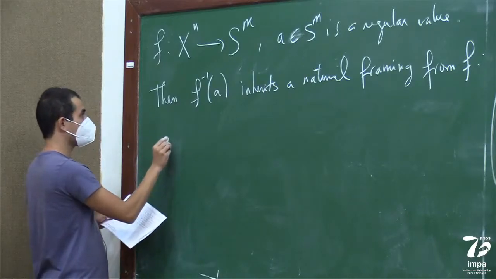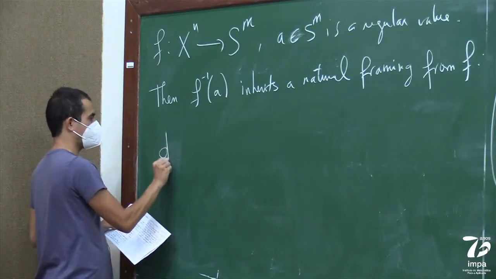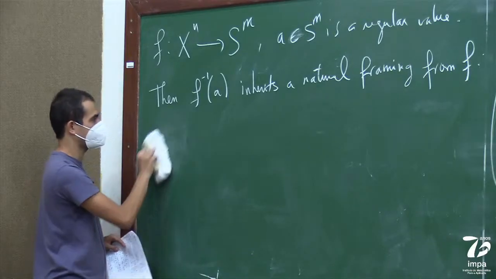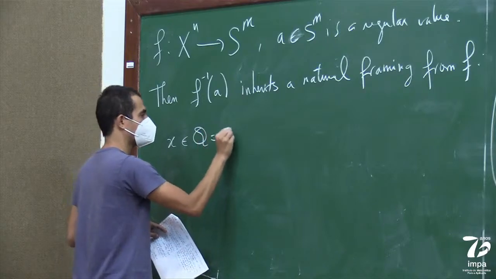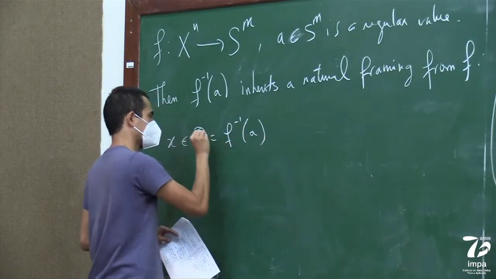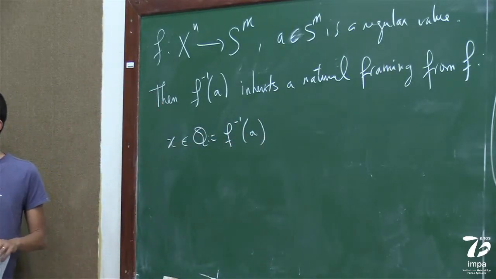Well, we know that when you look at the normal bundle and the derivative of F, if we take a point x on Q, which is the preimage of A, how do I get a framing?